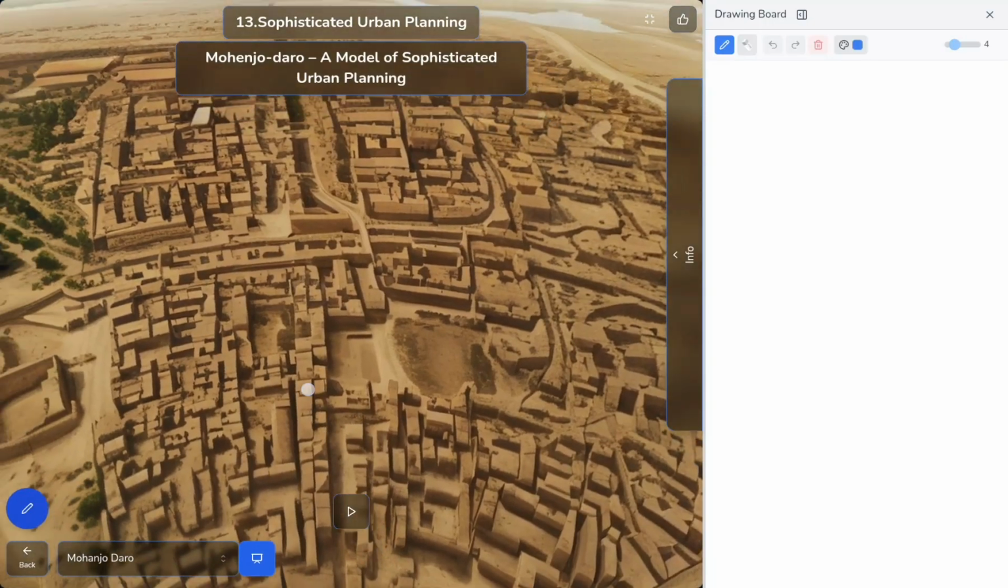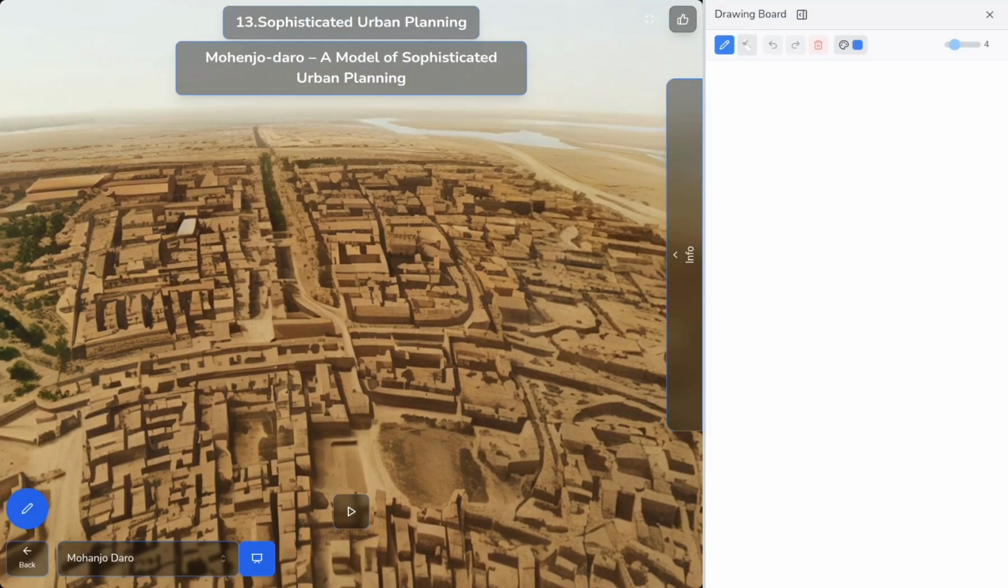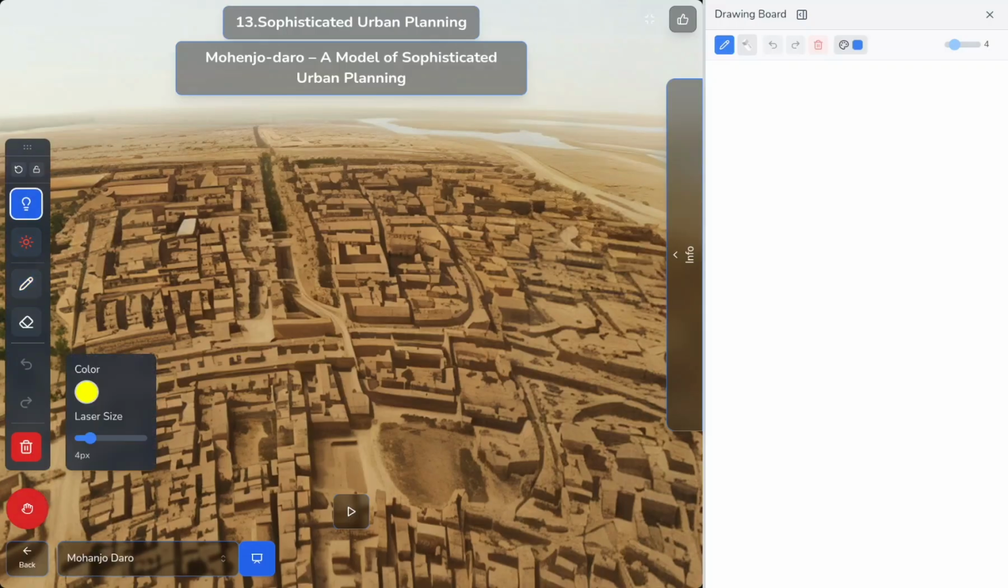See how you can see them in small blocks. It was arranged. The streets are running straight, intersecting each other at right angles, just like modern city blocks what we are seeing today. Let me show it for you. You can see that streets ran straight. They are intersecting each other at right angles.